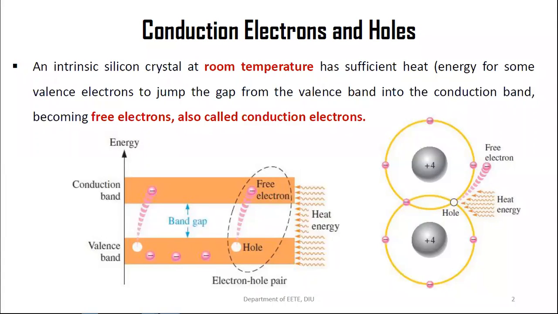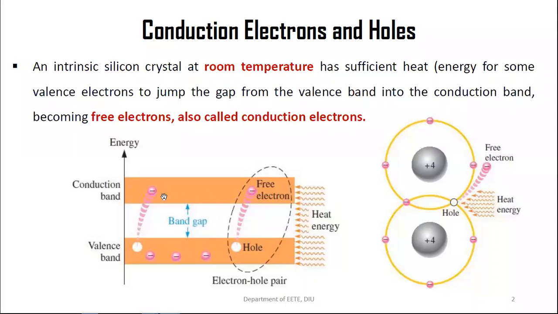We can also see this from the band diagram. Suppose this is the valence band. We know the conduction band is empty at first in the semiconductor, and this is the band gap we already discussed in the first slide. The two electrons were at first in the valence band.